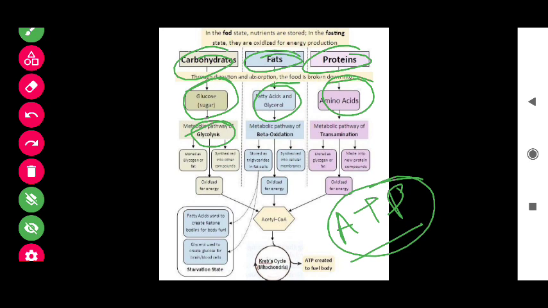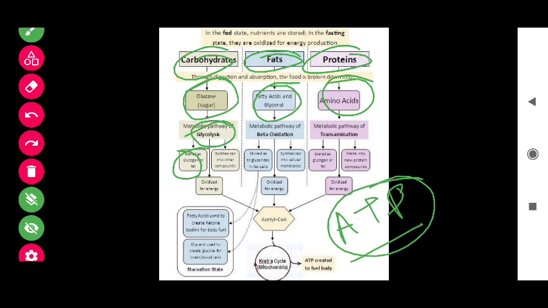The storage of glucose is called glycogen. The glycogen forms through the process of glycogenesis, and the oxidation of other non-carbohydrate sources is called gluconeogenesis, from fats or from proteins.